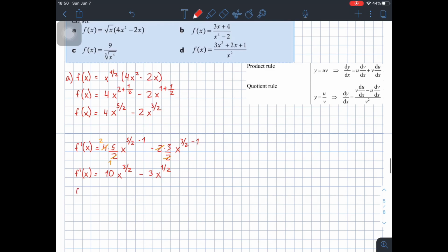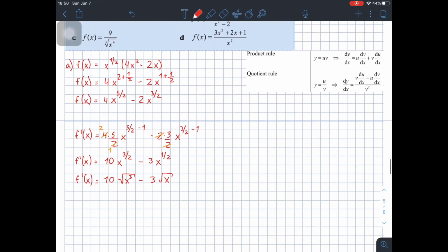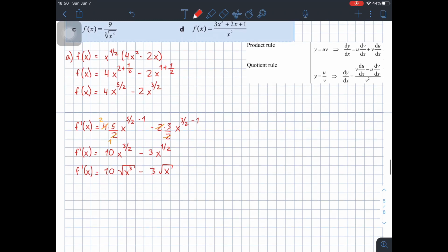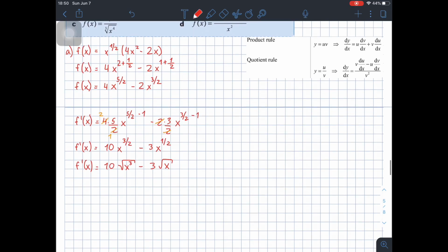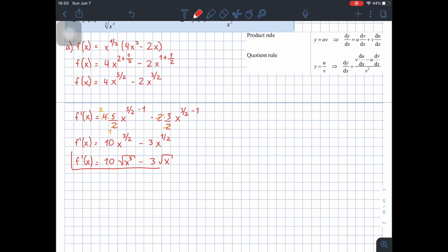We can write this in a more elegant way and say that this is equal to 10 times the square root of x cubed minus 3 times the square root of x. And this would be fine for the answer. Or we could take common factor or whatever, but I'm going to leave it like this.